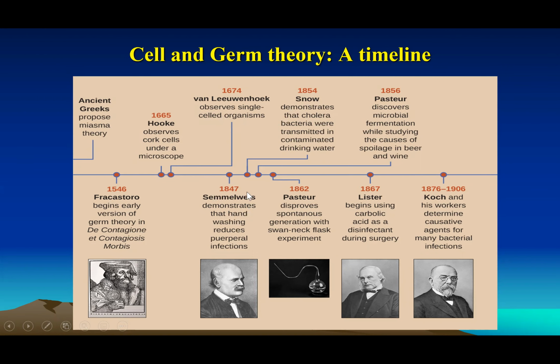But here Semmelweis demonstrates the importance of hand washing, and Lister is using carbolic acid or phenolics to disinfect after surgery. And then it's Koch and his postulates that a specific microbe is responsible for a specific disease.